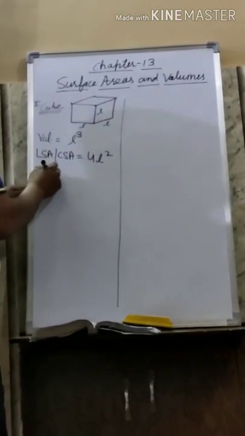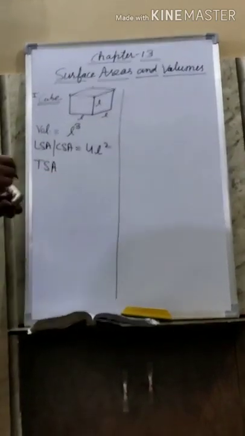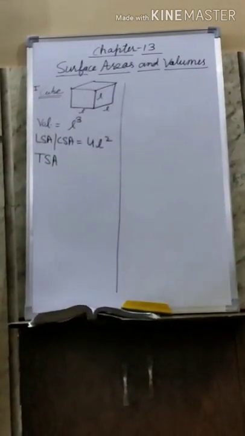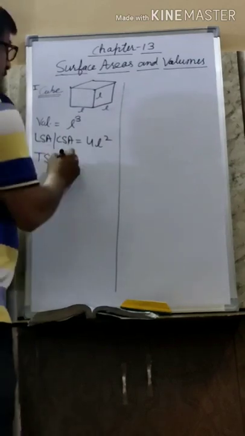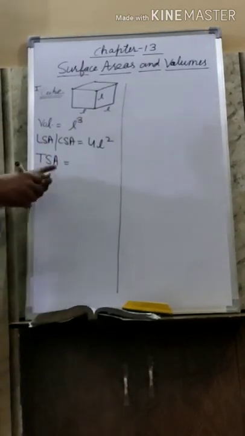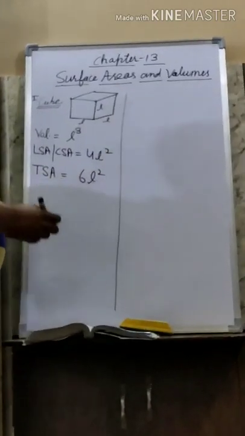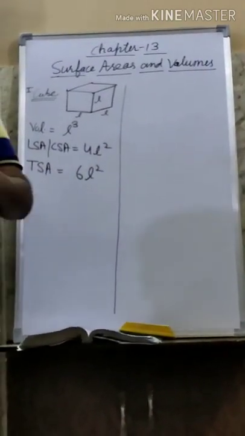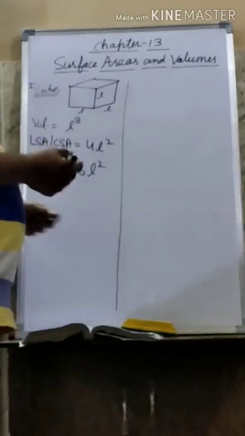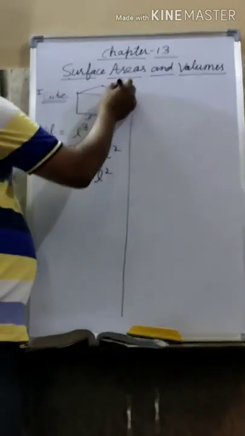Now TSA means total surface area. So total surface area of cube is 6L square. Hear this. And now in 10th class, one thing more we learn: what is the diagonal of cube?